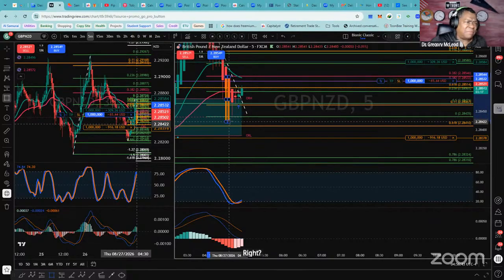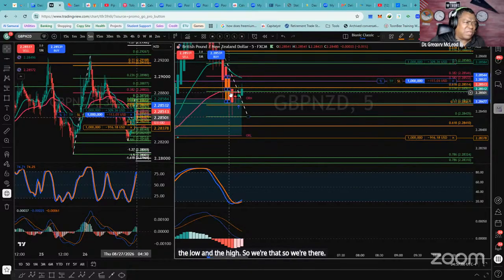And then buyers stepped in and pushed price back, leaving a wick, right? So this was the opening price, the closing price, the low, and the high. They tried to do it again, and it pushed down. And it got pushed back up again, right? So now it tried twice and failed.